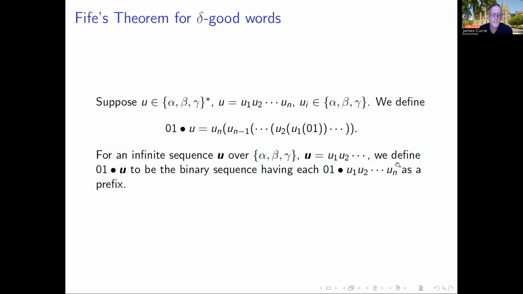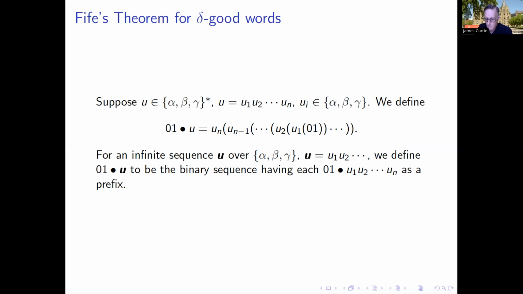So for an infinite sequence, bold u over alpha, beta, gamma, we define 0, 1 bullet u to be the binary sequence having each 0, 1 bullet u1 up to un as a prefix. So this takes a finite word and it generates from it an infinite word.